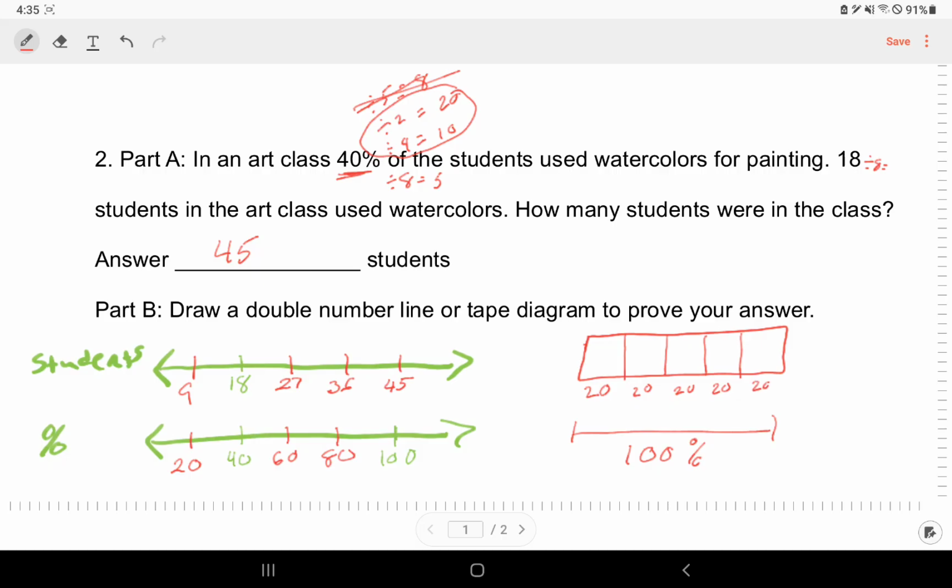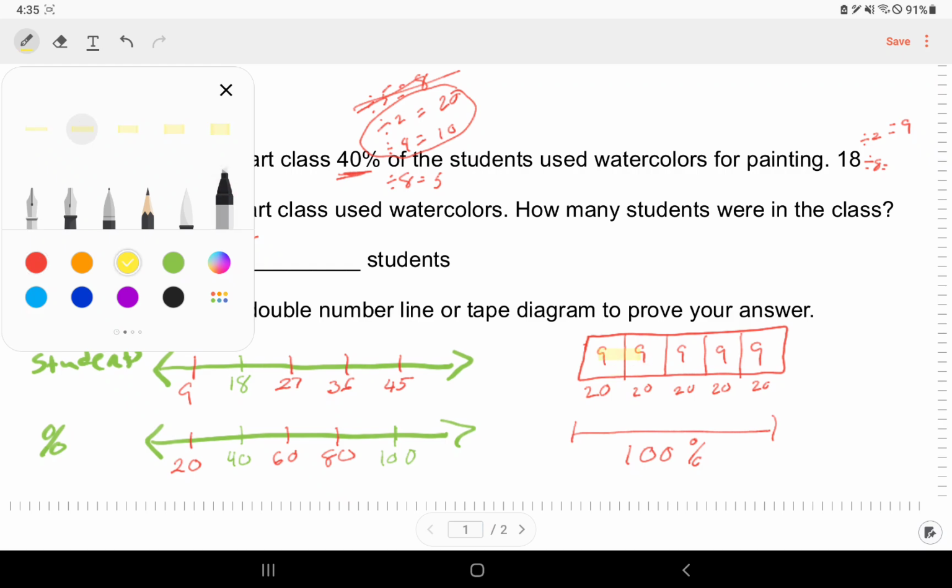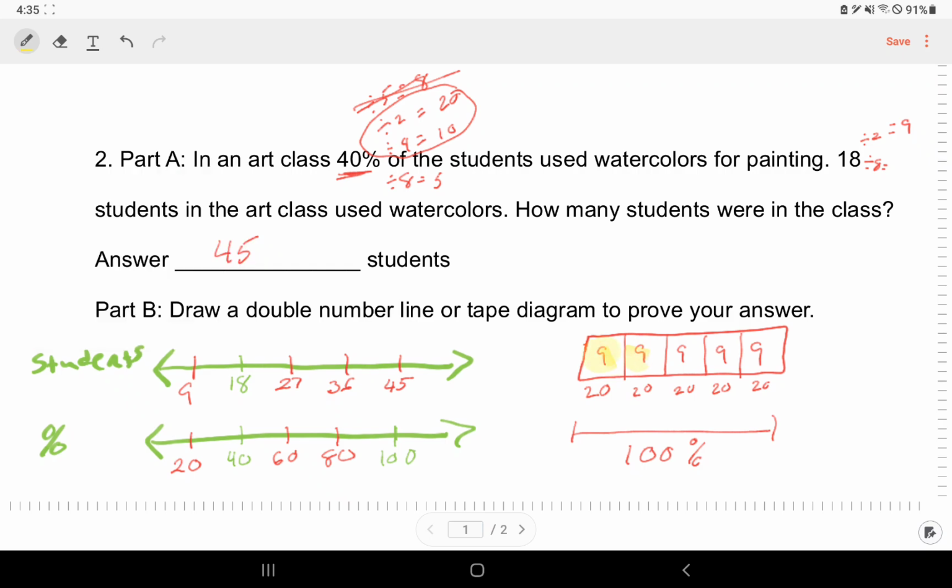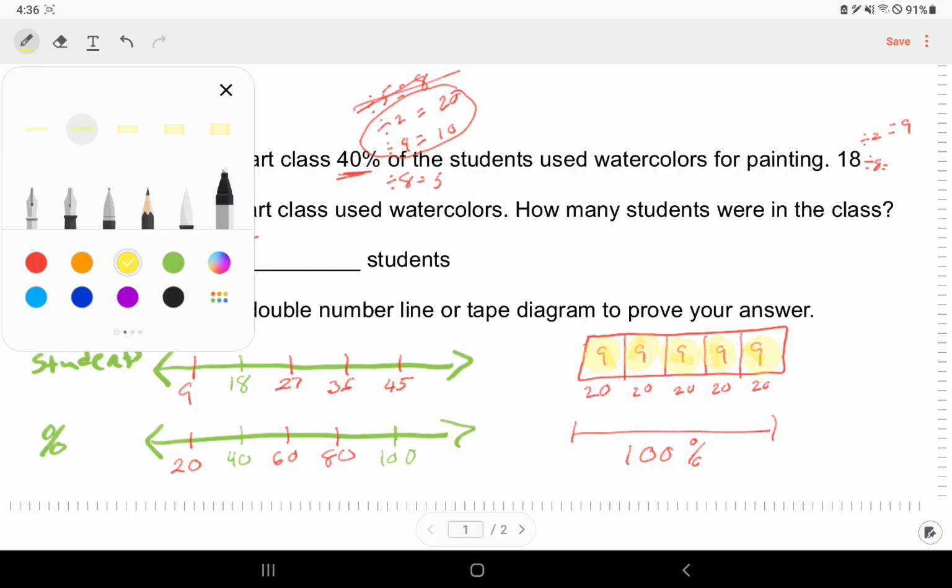And again, since I divided the 40 by 2, I divide the 18 by 2, and I get my 9, and so that's 9 in each section of 20. And so 9 plus 9 is 18. Plus 9 is 27, plus 9 is 36, plus 9 is 45.